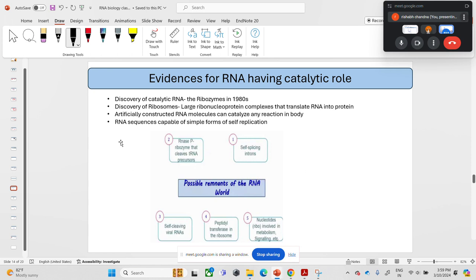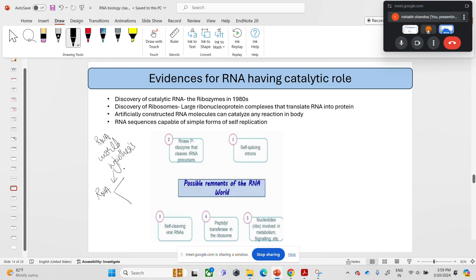the basic RNA world hypothesis. We have studied the RNA world hypothesis. This hypothesis basically states that the RNA molecule can have two roles.